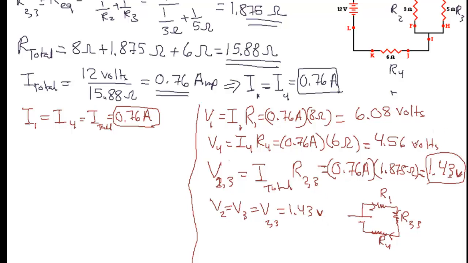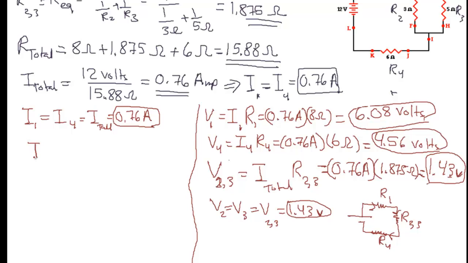So now we have the voltages across all the resistors: the voltage across R1, the voltage drop across R4, and then the voltage drop across R2 and R3. So now we can go ahead and solve for the current that goes through R2 and R3.